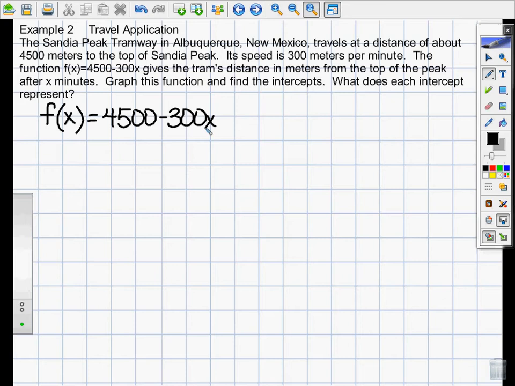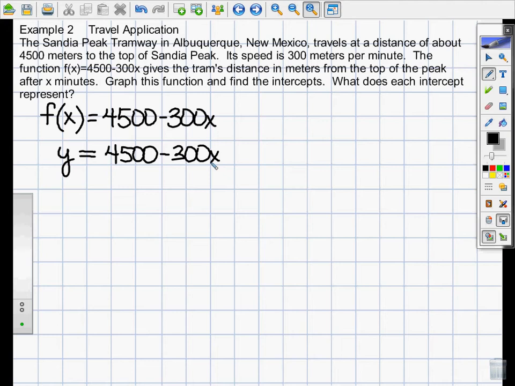So let's do that. I'm going to rename f of x, and of course you know I'm going to ask you this question. F of x is just code for what? Okay, if you are thinking or said out loud y, you are absolutely correct. You remember. So I'm just going to rename it so it's not as confusing. And then I'm going to turn this equation that's not in standard form into standard form.